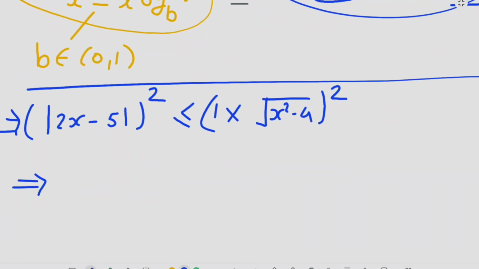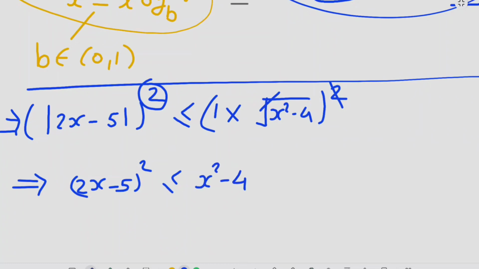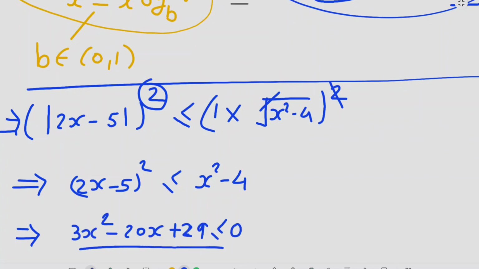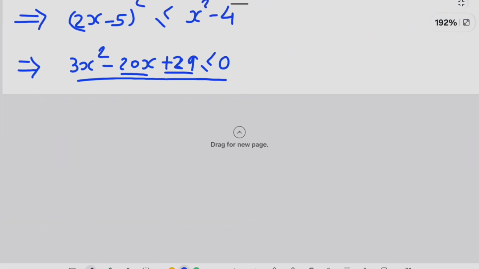So the answer will be, we can remove the mod sign because here we have taken square. So it is just 2x minus 5 square less than or equal to, here we can cancel out square root and square, so x square minus 4. So if you simplify this equation, then we will get 3x square minus 20x plus 29 less than or equal to 0.